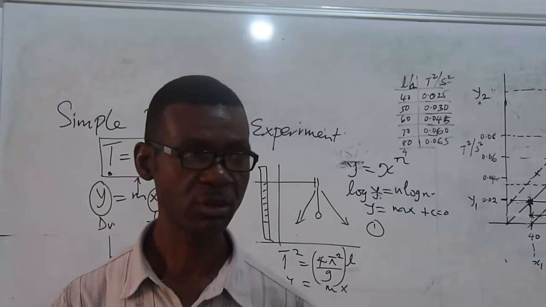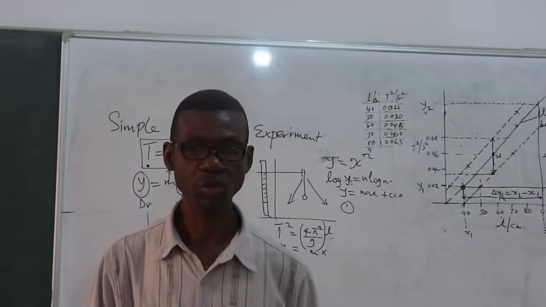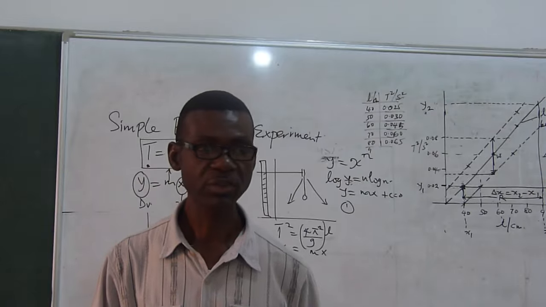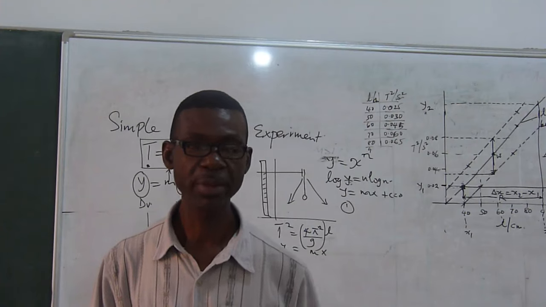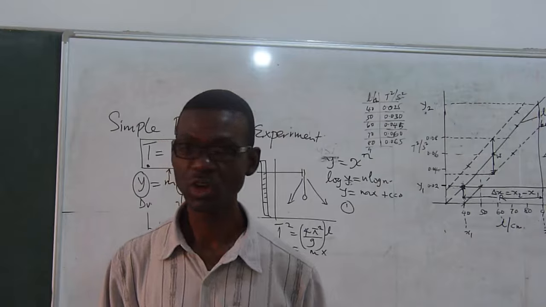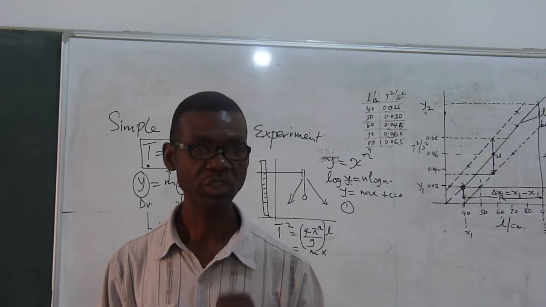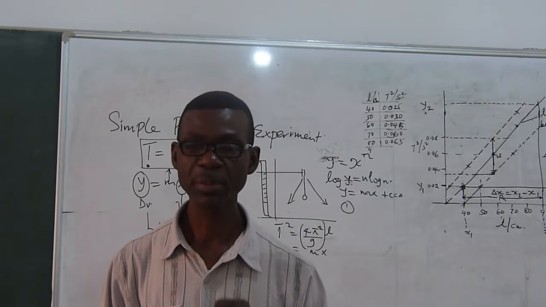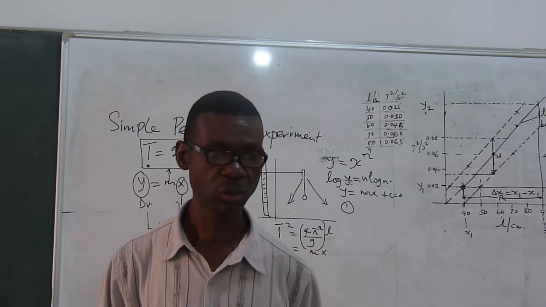Now, why practicals in physics? Physics, as you know, is a science course. And as a science course, the way we study science is by experimenting. So we perform experiments in physics, and your experiments in physics are meant to achieve something, which is to verify. We use experiments to verify theories, hypotheses, and laws.